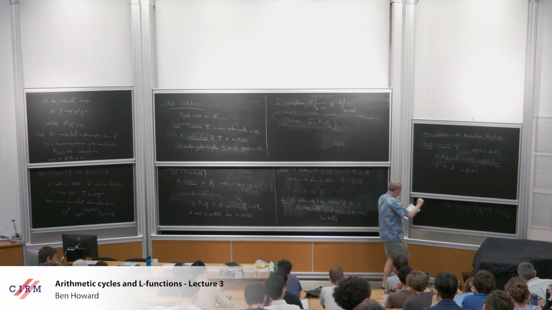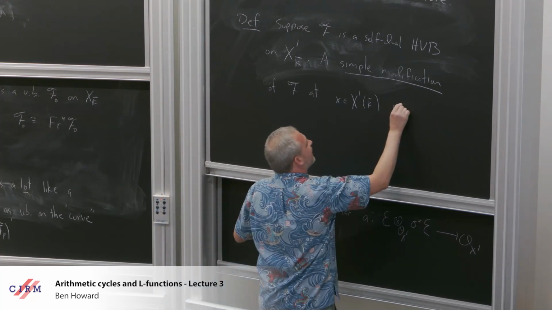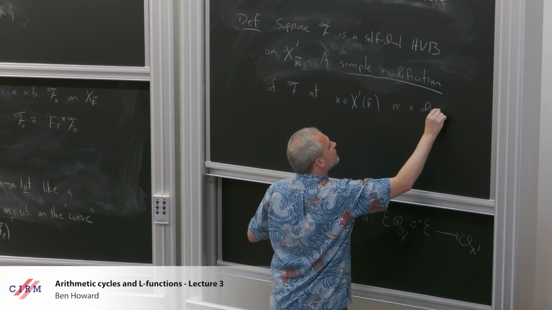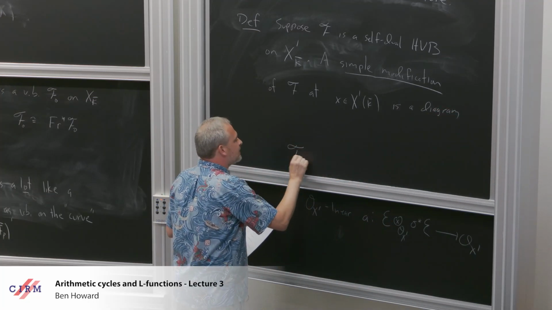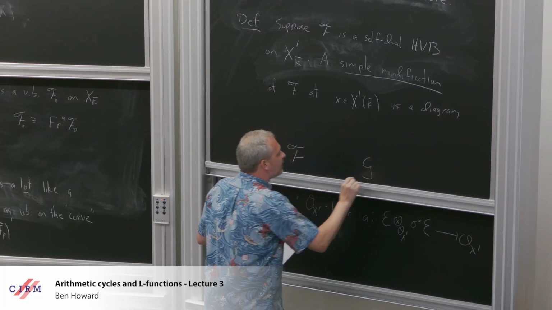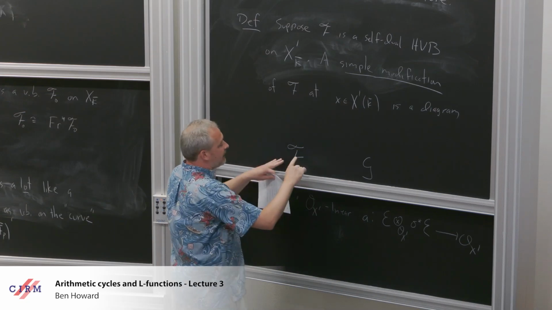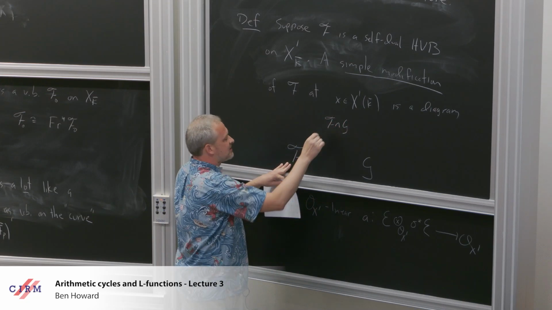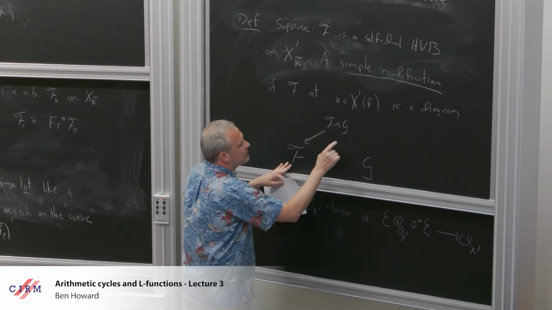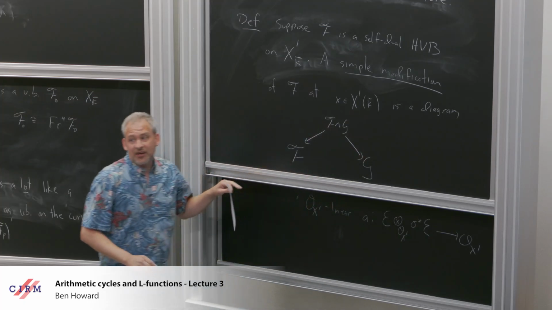So a simple modification is a diagram where I start with my self-dual F, I have another self-dual G, and I'm going to make F a little bit smaller, and then make it bigger.